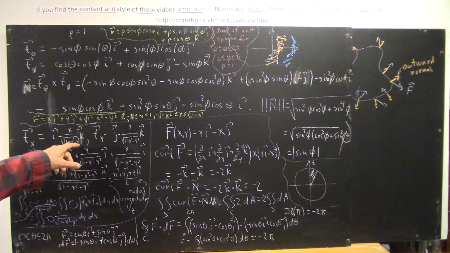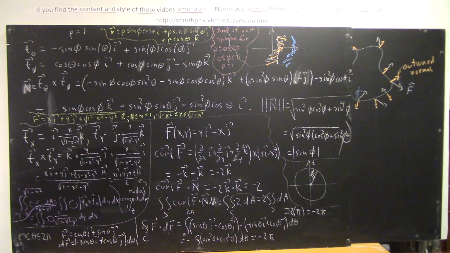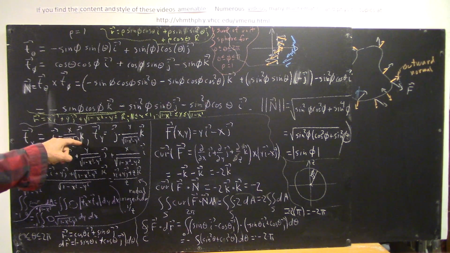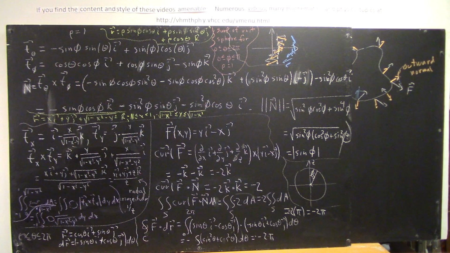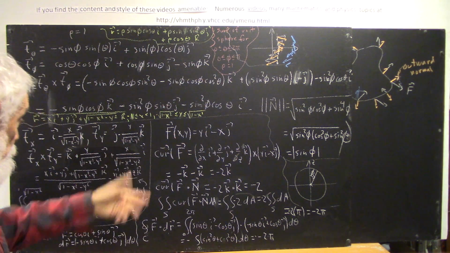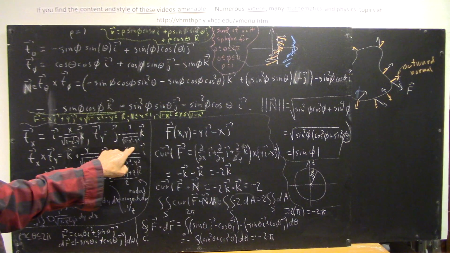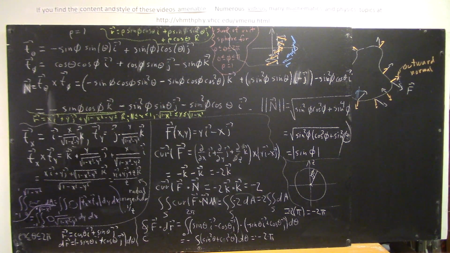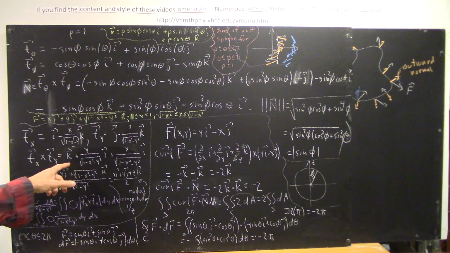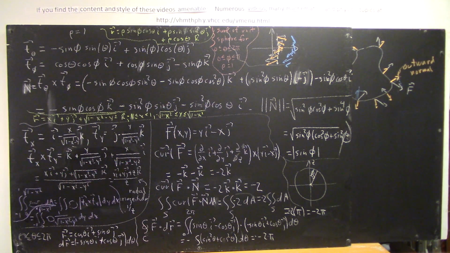And k cross j gives you negative i, so that you get the negative of the coefficient of k here, x over the square root of 1 minus x squared minus y squared. If you don't understand what I just said, write this down and calculate their cross product. If you want to use the determinant, you can, but we can really do this easily using the distributive law. And of course, k cross k is 0. Whichever way you calculate it, this is the cross product.